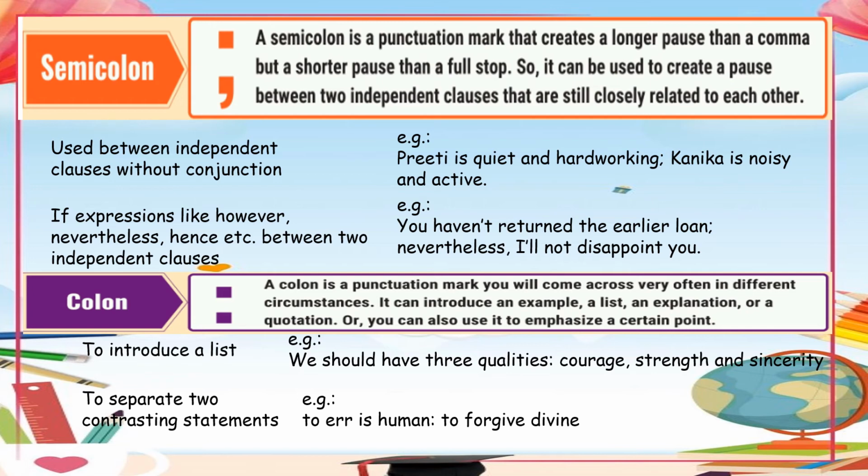Now, colon, to introduce a list, and to separate two contrasting statements. For an example, we should have three qualities. Which are the three qualities? Put a colon and then write courage, strength and sincerity. To separate two contrasting statements: to err is human, one statement, put a colon, to forgive, divine.